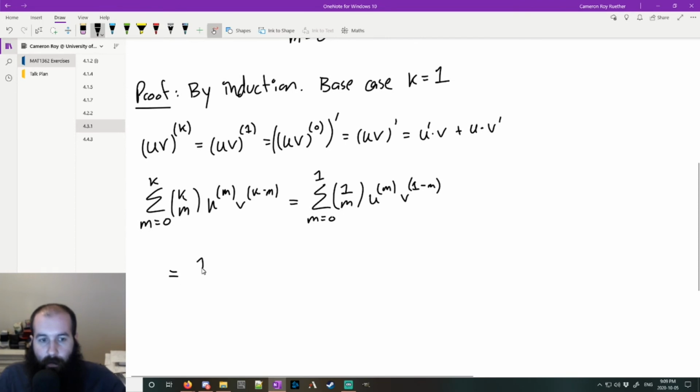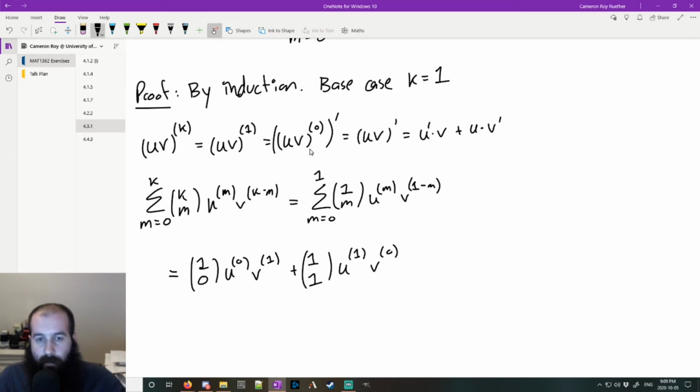So this would be 1 choose 0 times u to the 0, v to the 1, plus 1 choose 1, u to the 1, v to the 0. But using a similar argument as up here, we see that anything to the 1 is just that thing prime, and anything to the 0 is by definition itself.